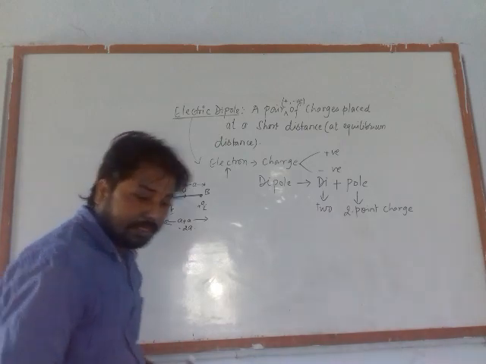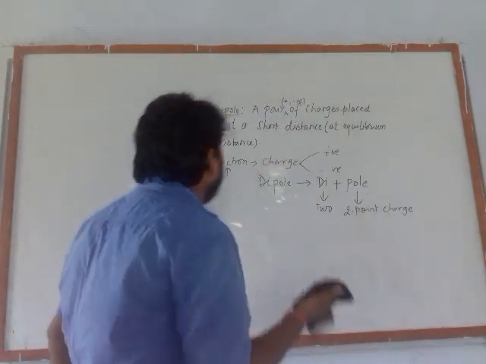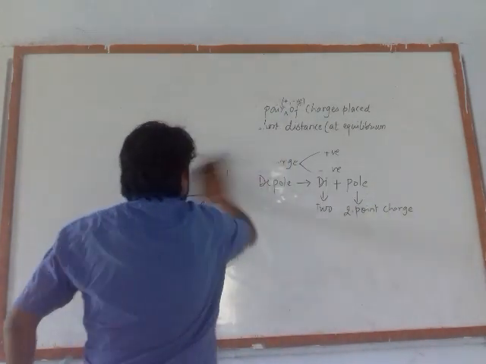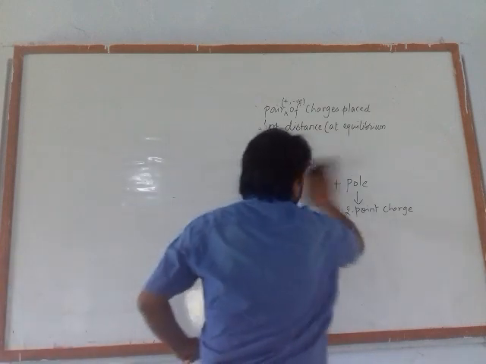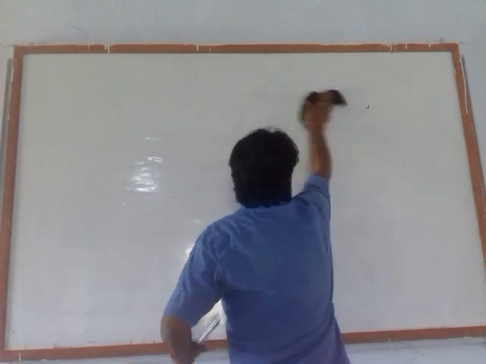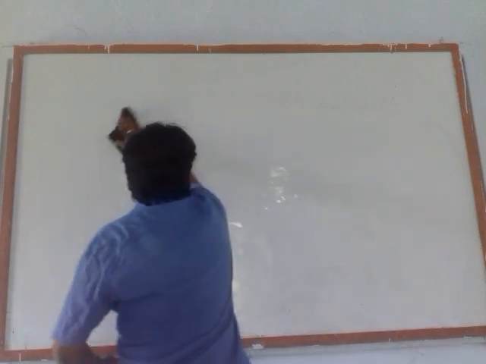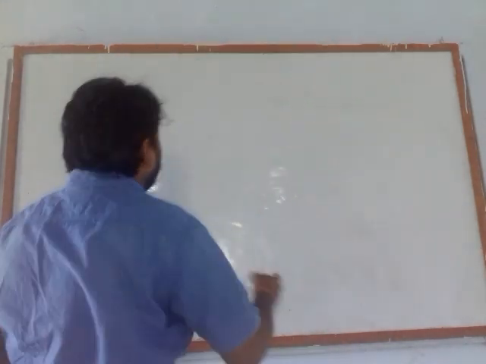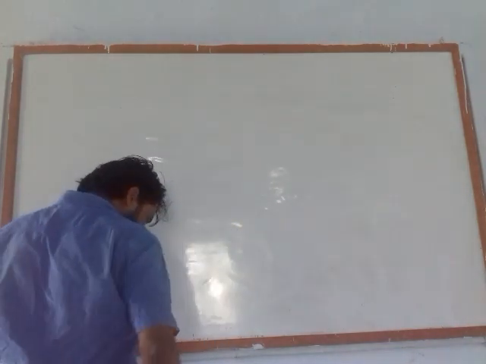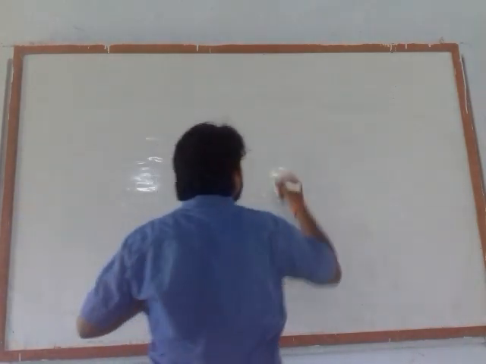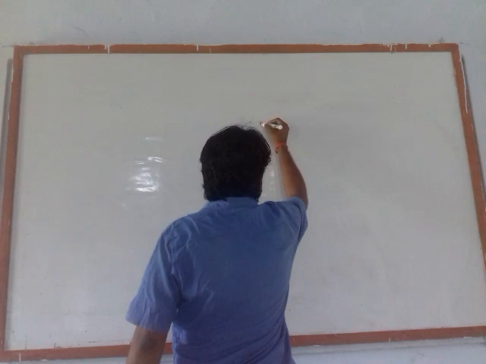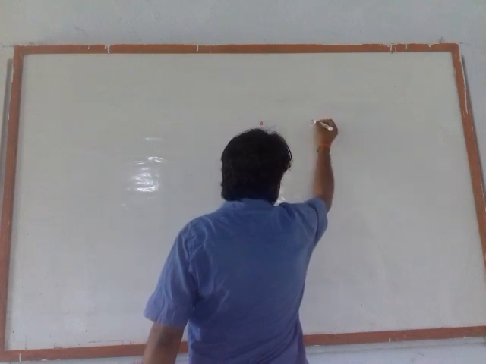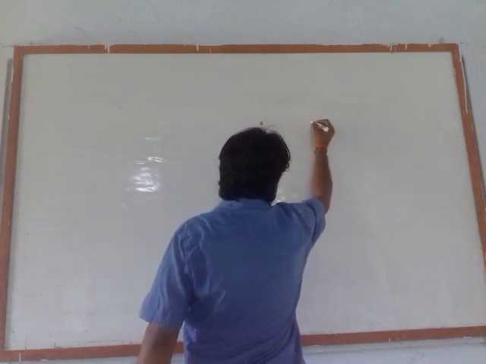The dipole moment is simply a vector quantity which has a direction from negative to positive, opposite to the electric field. Suppose this is a negative charge and here is a positive charge.